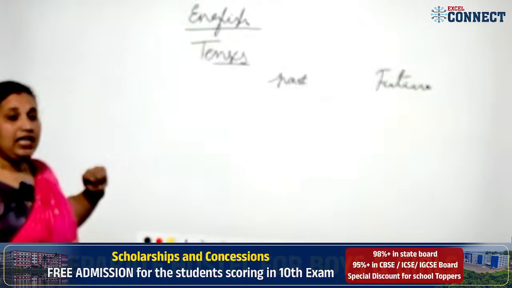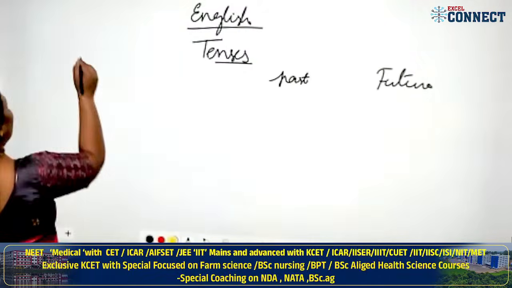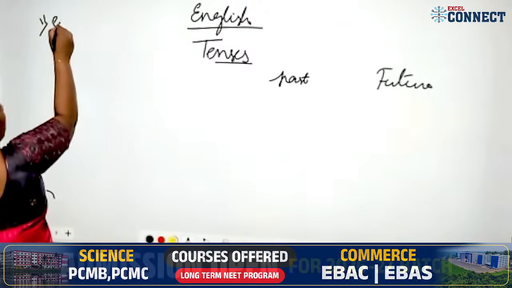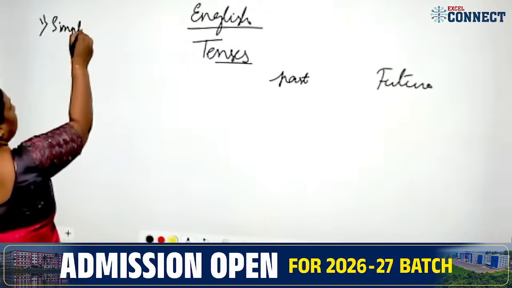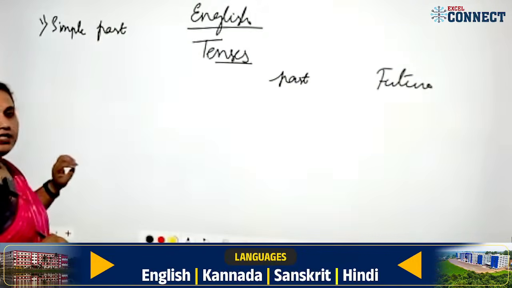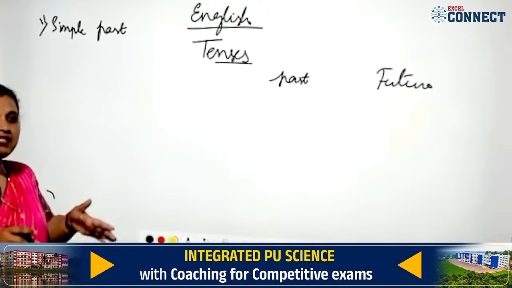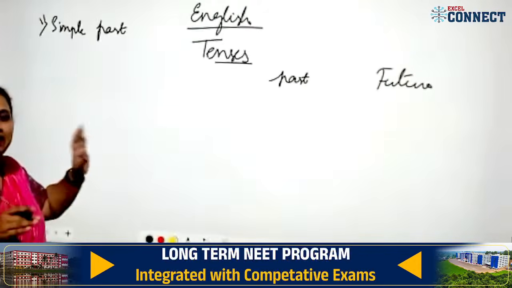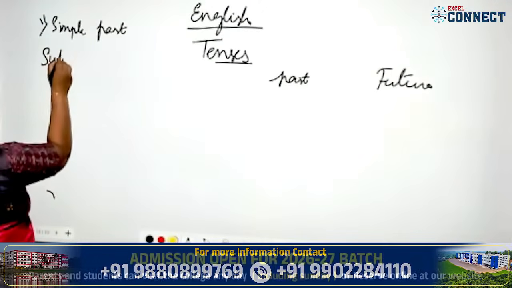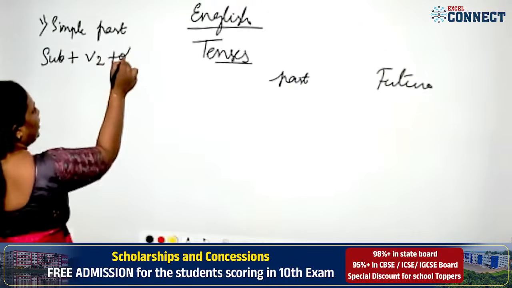So again, as we have divided the present, the past tense is also followed with four. First one is simple past. So the simple past tense, the action started in the past and the action already completed in the past. So subject plus V2 plus object.